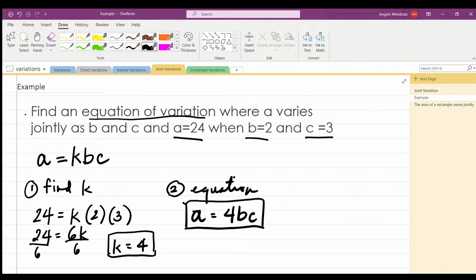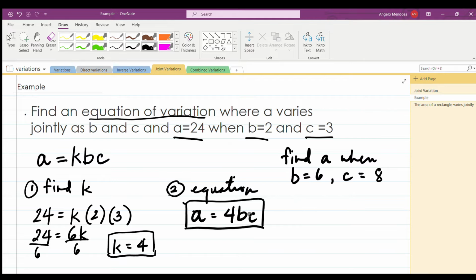Let's say I want to find the value of a when b is 6 and c is equal to 8.